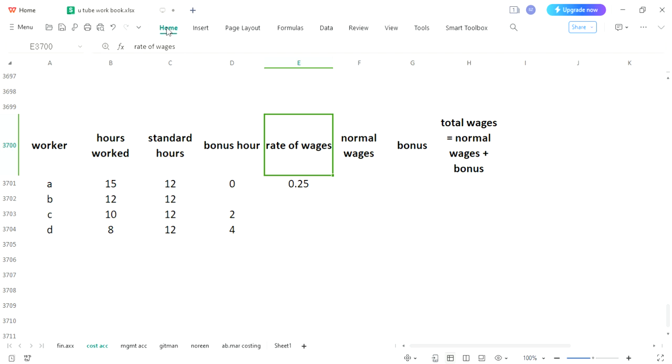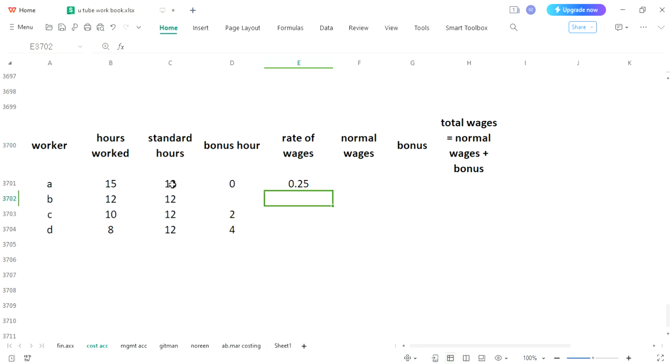Why? Because in the instructions of the question it has been said that a person who does not complete his job within standard time will be paid a simple 25 paisa per hour. But in the second case, worker B had completed his job within standard time, and C and D took less than standard time. So in this way, these three workers would be paid 10% extra. And how will you calculate 10%?